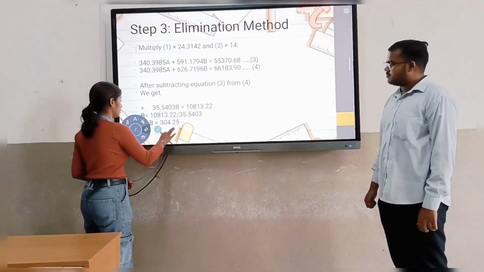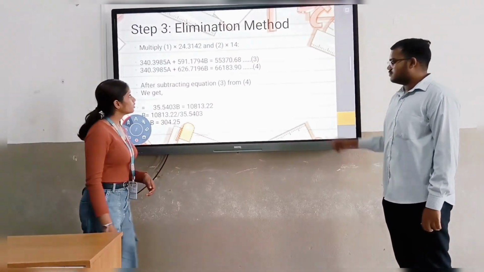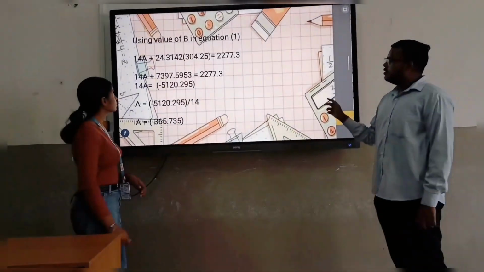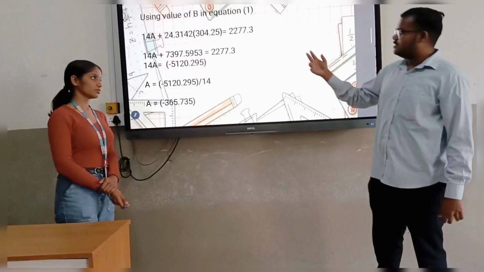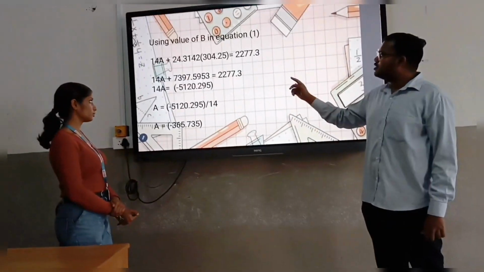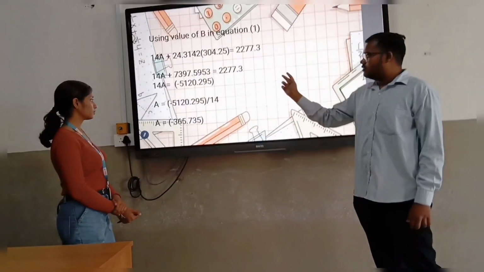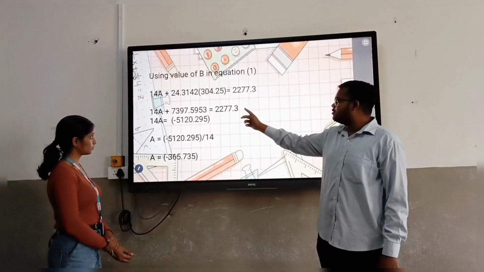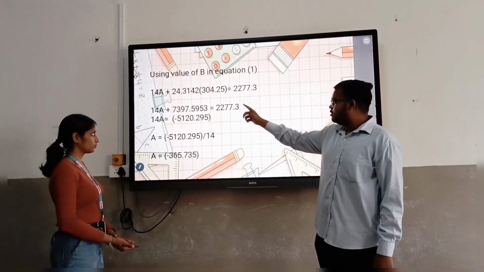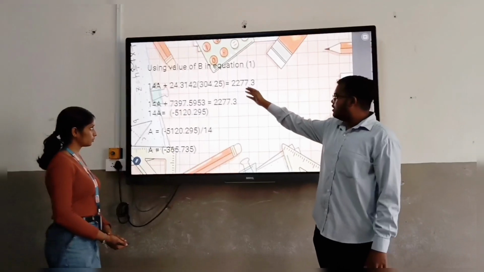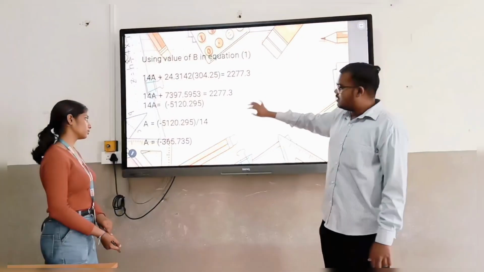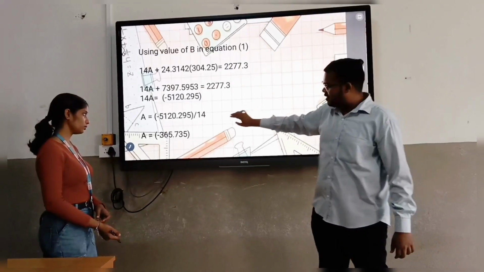As the value of b is 304.25, we put that value in equation 1, which gives 14a plus 24.31 into 304.25 is equal to 2277.3.